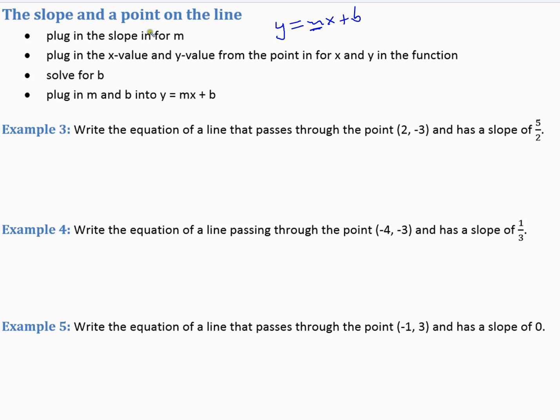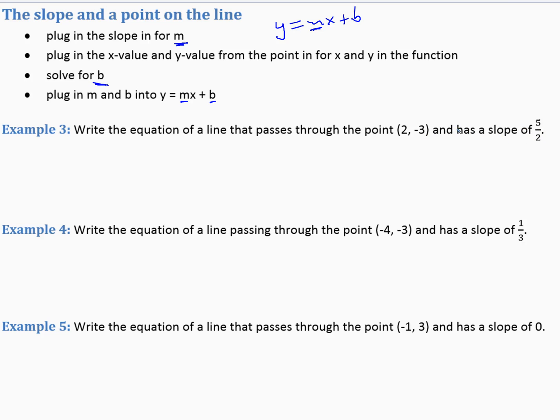It's like an x value, y value. You'll plug the x value of the point in for x and the y value in for y, and that will help us solve. Next step, solve for b. And then once you have b, you will have b, and you'll have m, and you can plug them in to this form.